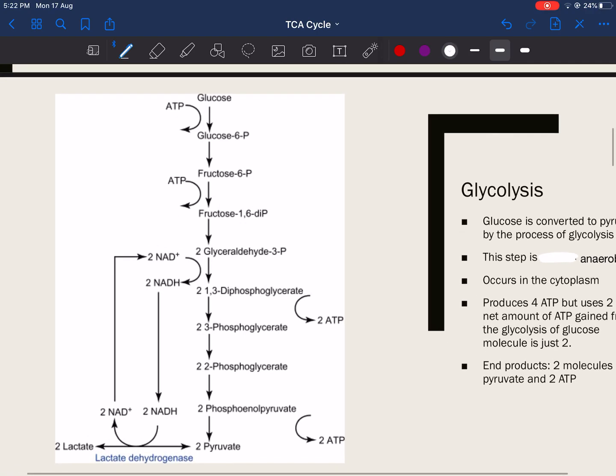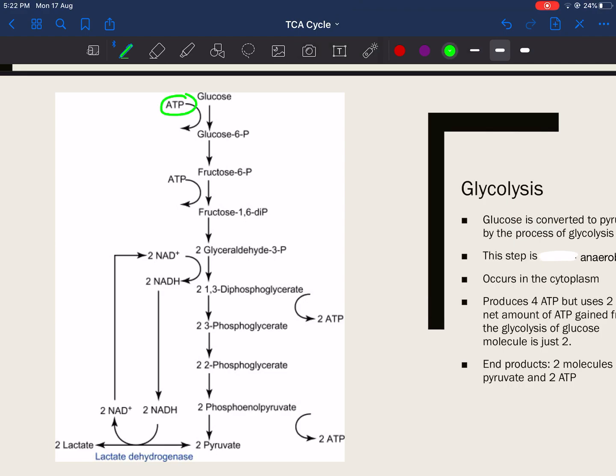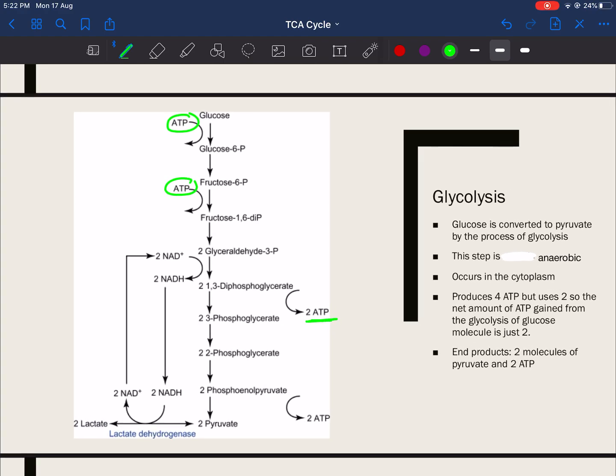So we can see there's an ATP molecule getting used up here, another ATP molecule getting used up here. So that's a deficit of 2 ATP molecules. Then we have 2 being produced here as well as 2 being produced at the bottom here. That's 4. So we're producing 4 molecules, but we're using up 2. So that is a net gain of 2 ATP molecules, which is why we say that it actually just produces 2 ATP molecules.